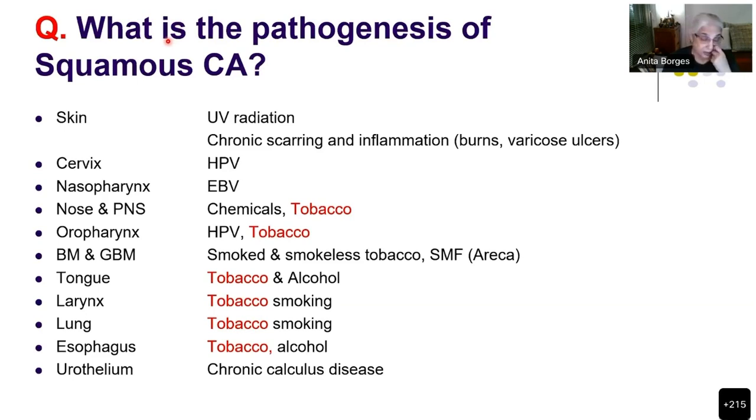Chemicals, for those working in some of these industries, and of course tobacco. Oropharynx, it's HPV and tobacco. If it's the buccal mucosa, it is smoked and smokeless tobacco. And if you have tobacco combined with submucous fibrosis, then there is a whole new ball game going on.